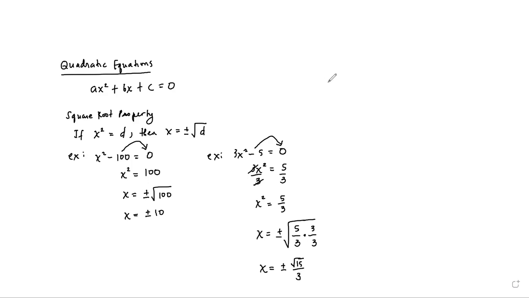Okay, another variation of the square root property is that whenever we have x minus, let's say, h quantity squared equals k, then we can use the square root property by solving for x minus h.